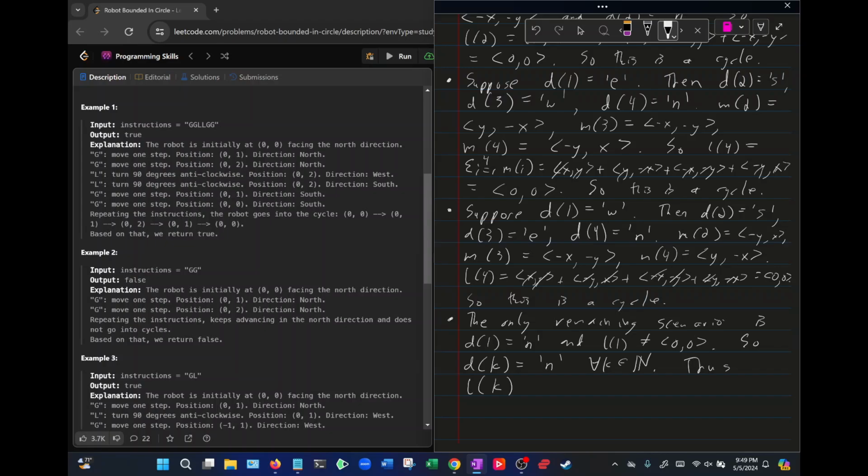And after going through the instructions 2 times, there's not any change in direction. And so M2, the movement from step 1 to step 2, is going to be the same as M1, the movement from step 0 to step 1. So L2 is going to be just twice x y, because you'll just go in the x direction twice and in the y direction twice. So Lk, more generally, is going to be k times x, y.